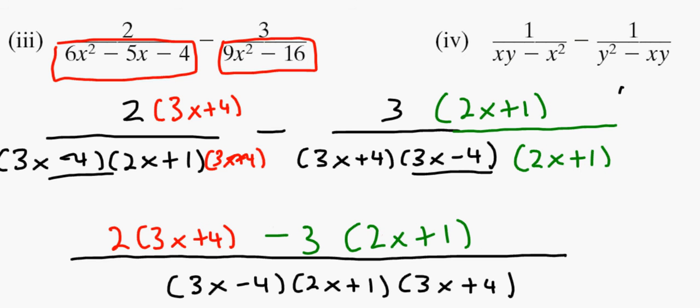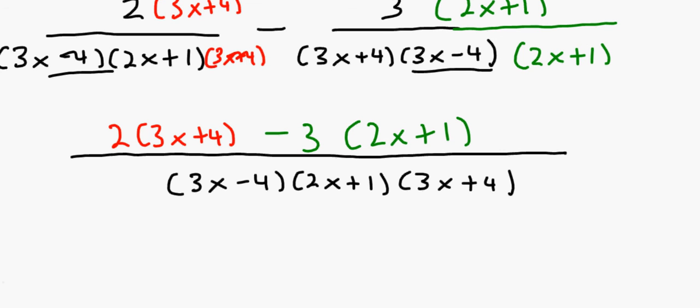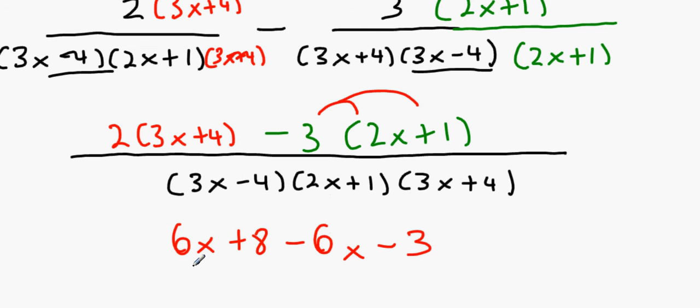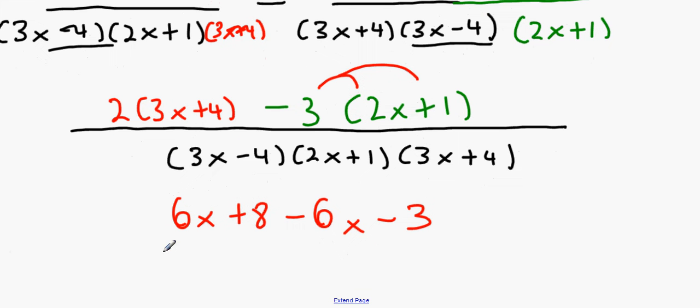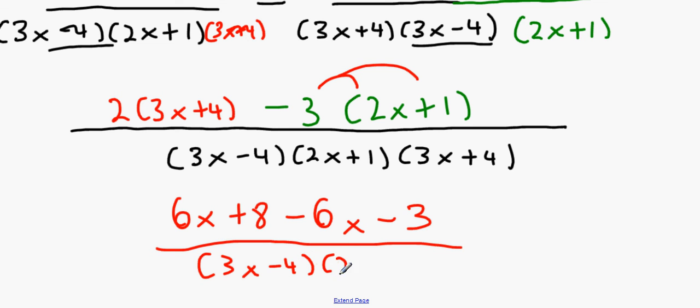Now, with this in mind, what's going to happen next is going to be 6x plus 8 minus 6x minus 3. And all of that is going to be divided by 3x minus 4 into 2x plus 1 into 3x plus 4.